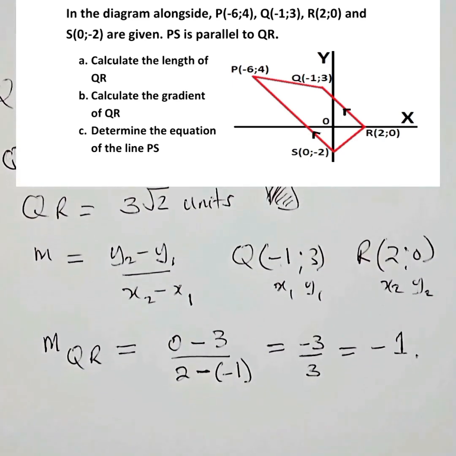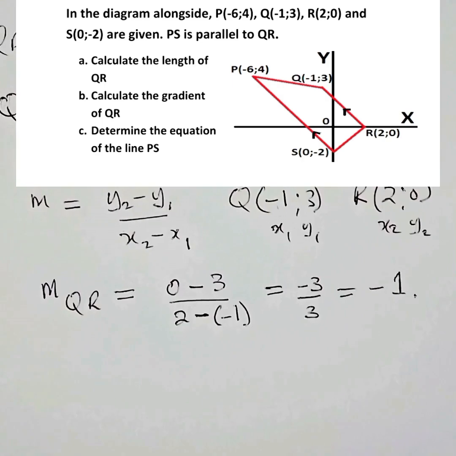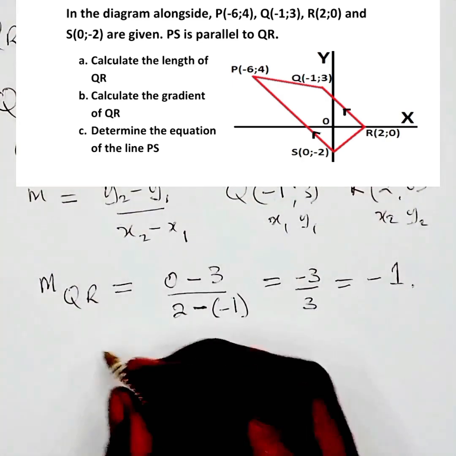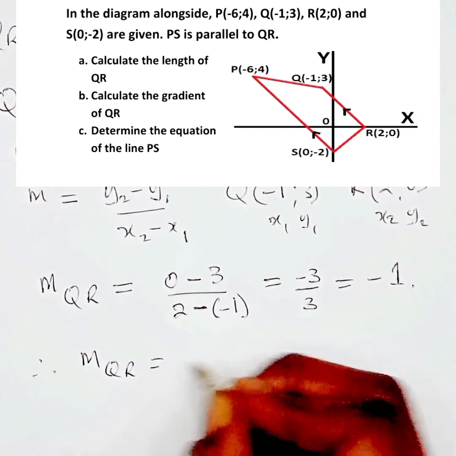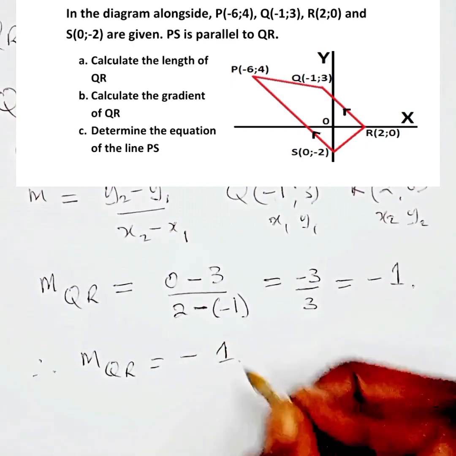So we've found the gradient of QR: MQR is equal to minus 1.